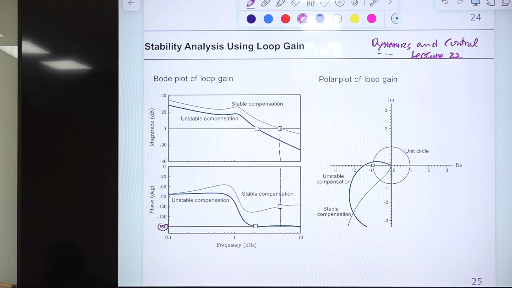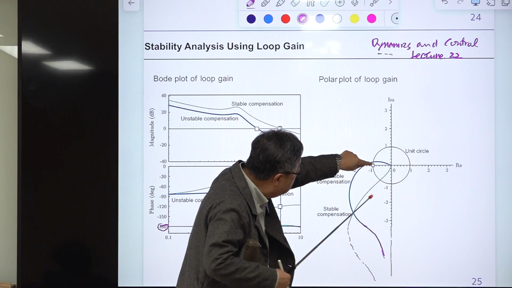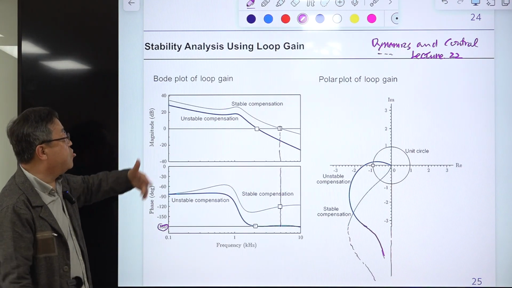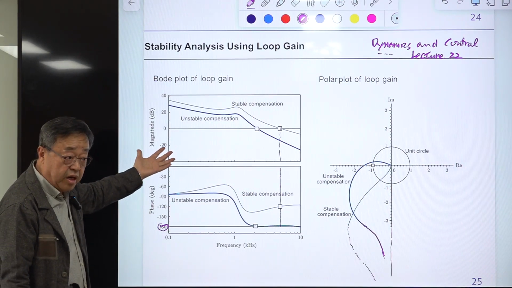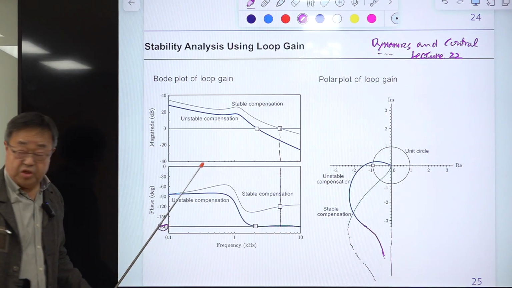So this is well stable, and this polar plot comes from here. This one also comes from here, and crosses the minus real axis somewhere here. But this one does not encircle this. It goes to this without touching it. So this is very stable. So that was the stable converter. Okay. With these new compensation parameters, the Bode plot of the loop gain changed to this.